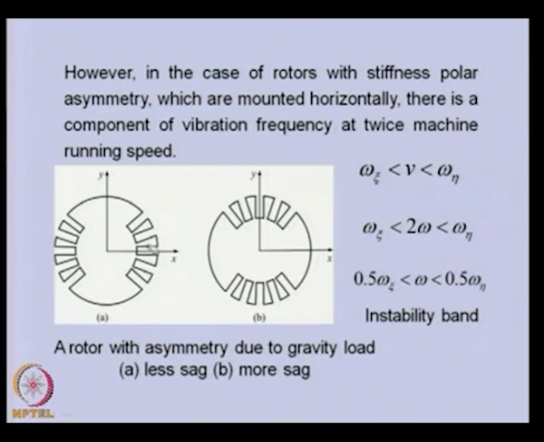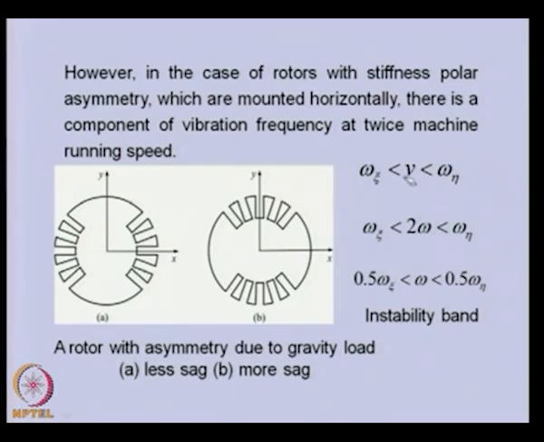So if the rotor is rotating, we will find that twice the speed will be the vibrational frequency because of this asymmetric shaft property, and because of that this nu will be 2 omega, because the vibration frequency is twice for this case.